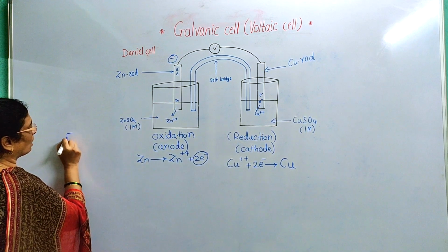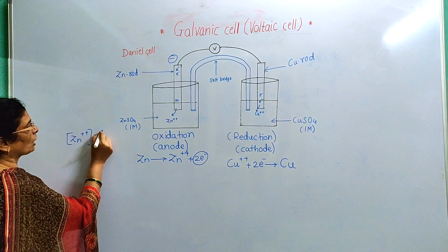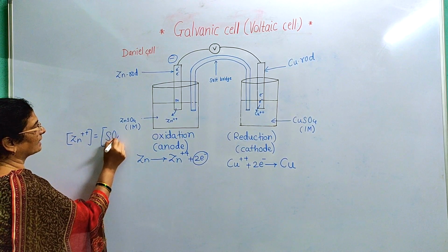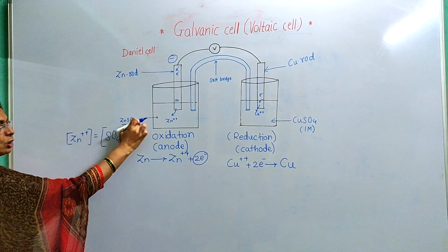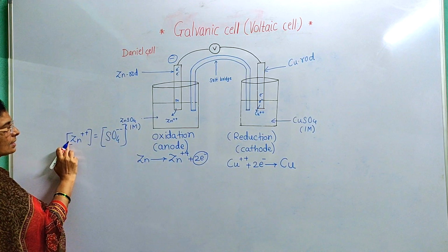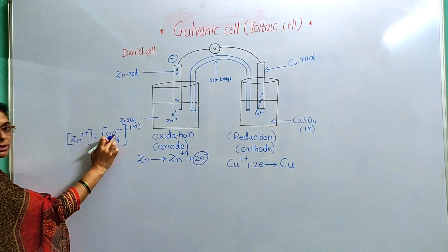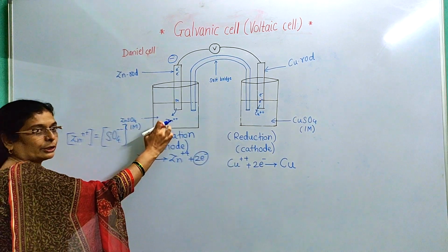That is, the concentration of Zn++ ions and the concentration of SO4 2- ions are the same. In 1 molar ZnSO4 solution, before starting the chemical reaction, the concentration of Zn++ ions and SO4 2- ions are the same, and so the solution is neutral.